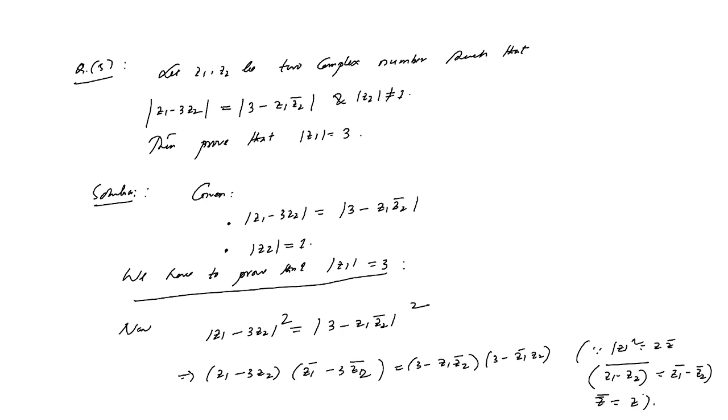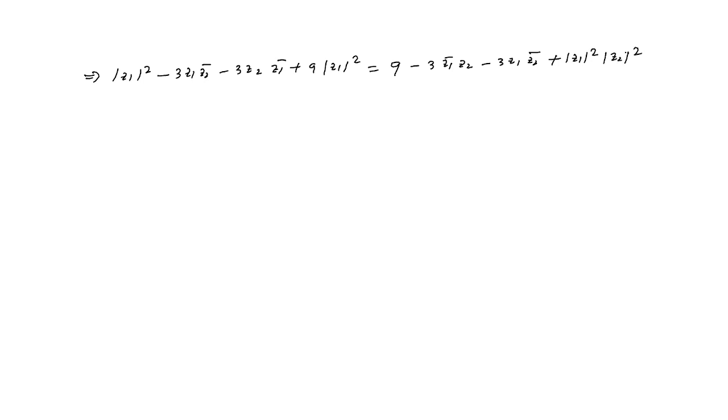Now we do the simple multiplication on both sides. What we get: mod Z1 square minus 3Z1 Z2 bar minus 3Z2 Z1 bar plus 9 mod Z2 square equals 9 minus 3 Z1 bar Z2 minus 3 Z1 Z2 bar plus mod Z1 square into mod Z2 square.